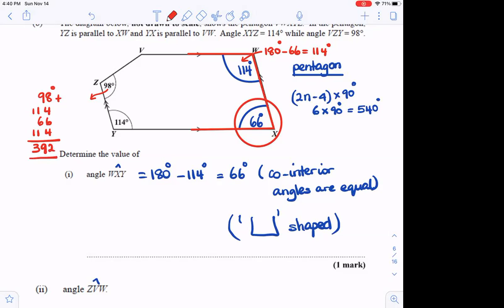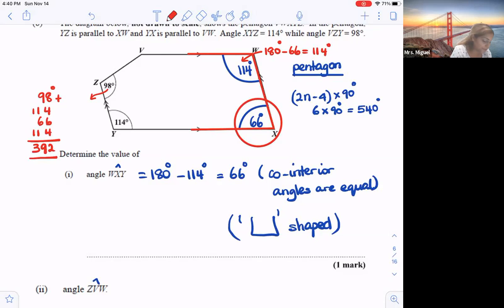So if I know I have 392 degrees and I have to find this angle at B, this will be 540 minus 392, which will give me 148 degrees, right? So the angle at B is 148 degrees.